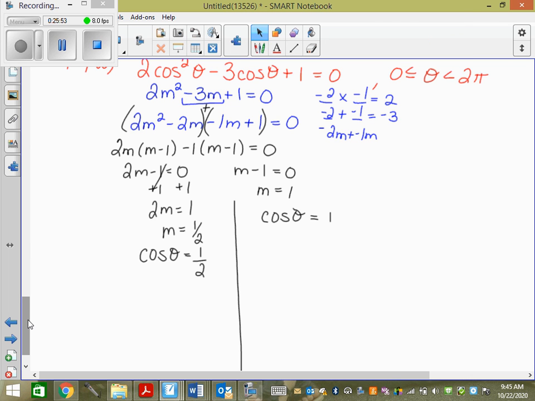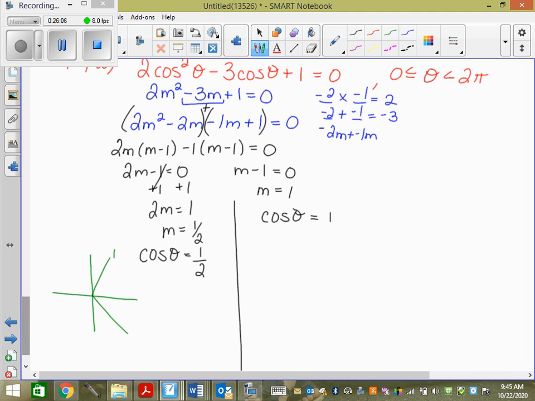So we need between 0 and 2 pi. Where is cos equal to a half between 0 and 2 pi? Pi over 3 and 5 pi over 3. So those are our 2 solutions for here. And then where is cos theta equal to 1?